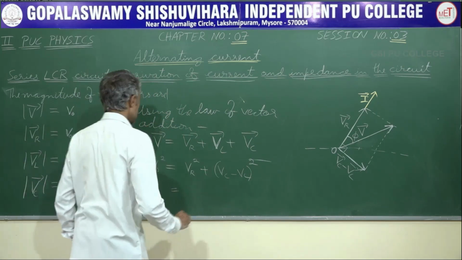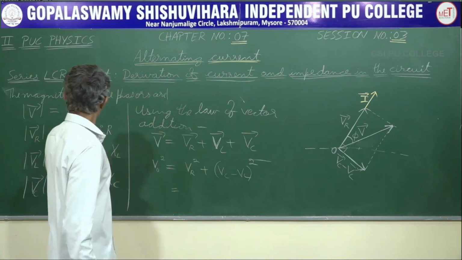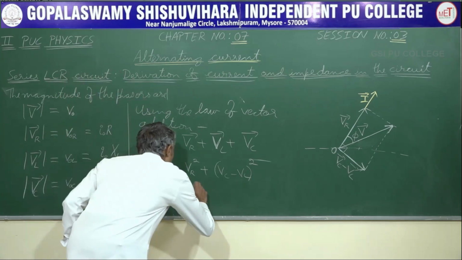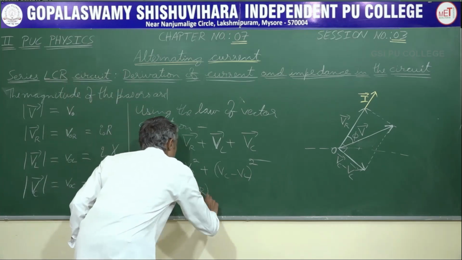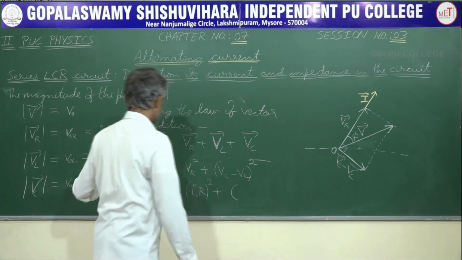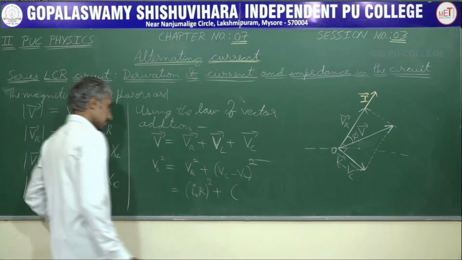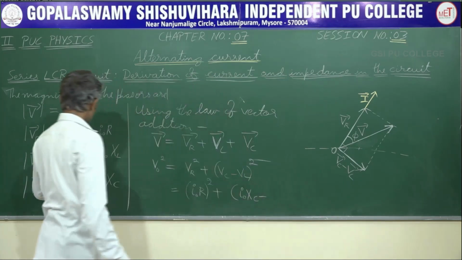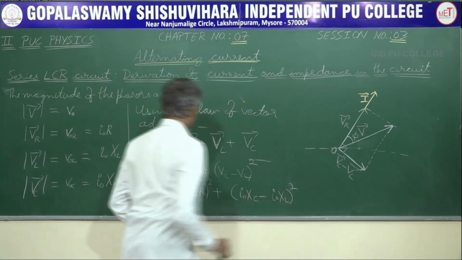So this is going to be equal to VR square, which is I0 into R whole square, plus VC, which is I0 XC, minus VL, which is I0 into XL, whole square.